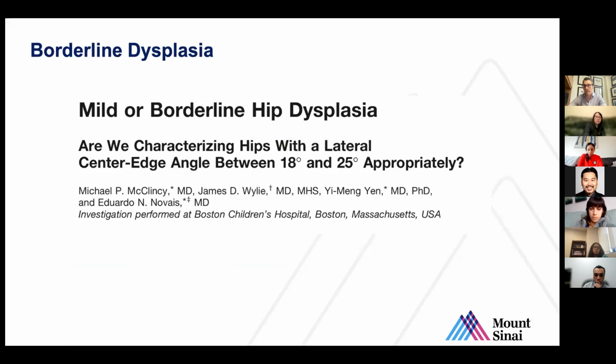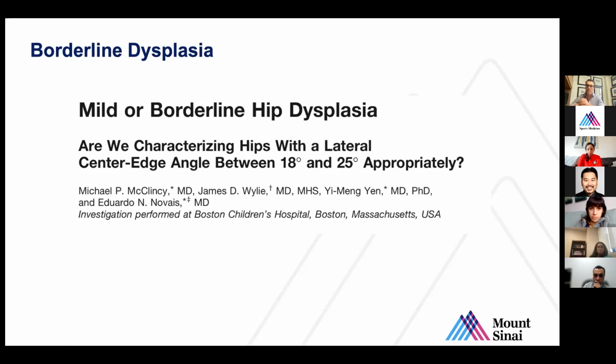Now, quickly, I want to touch on borderline dysplasia. And again, that is when you have roughly, and this is your lateral center edge angle that we talked about, 18 to 25 degrees is the area in which, but we argue, and this is why I say we get that false profile view to see what their anterior coverage is like, to really try to define who's in this borderline dysplastic realm. And why is that?